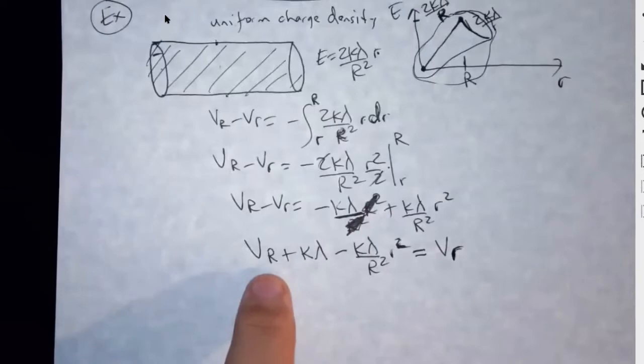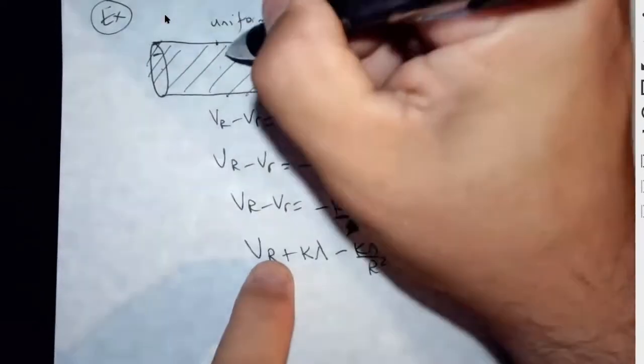What's the voltage at the surface of a cylinder here?